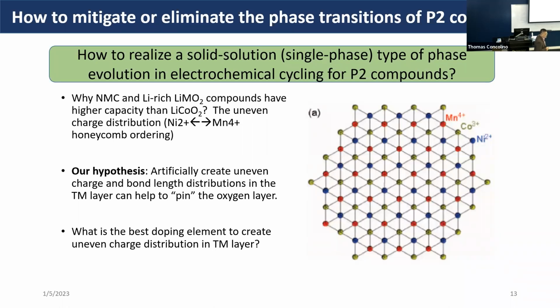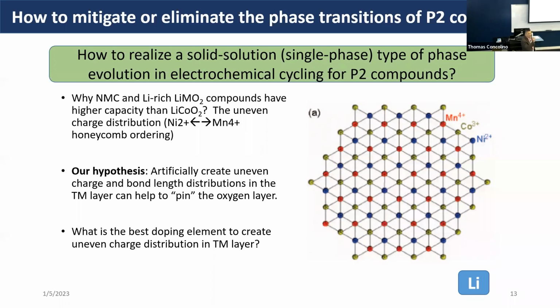We want to introduce more heterogeneity in the transition metal layer. But how? We propose to use lithium, because lithium is very different from the transition metals used: manganese, nickel, cobalt. Lithium is one class, manganese is four parts, cobalt is three parts, right?